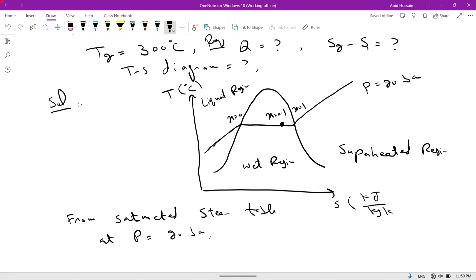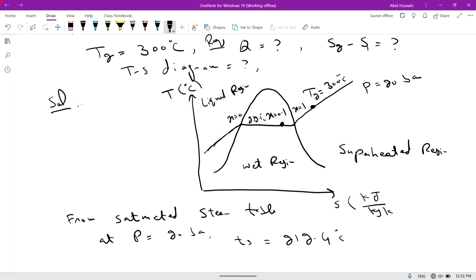If we check the saturation temperature at this pressure, it is equal to 212.4 degrees centigrade, and the temperature given to us at point 2 is 300, more than 212.4. It means that the second point is in the superheated region.